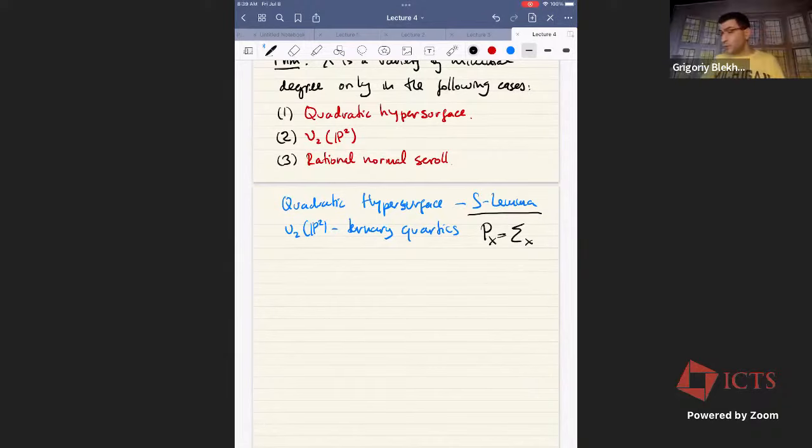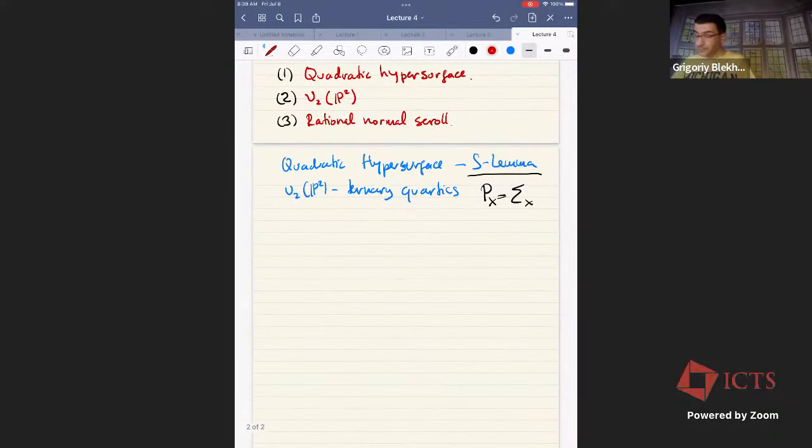Okay, so now rational normal scrolls. The case of equality between non-negative polynomials and sums of squares also for scrolls was known before. So let me explain, but what are rational normal scrolls?